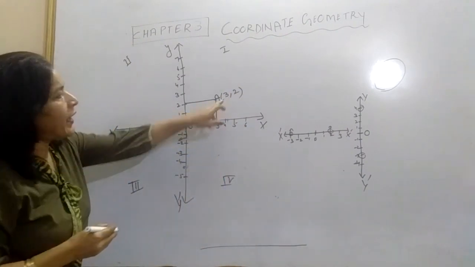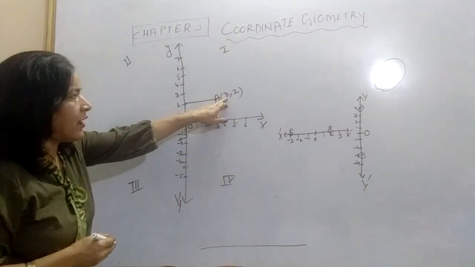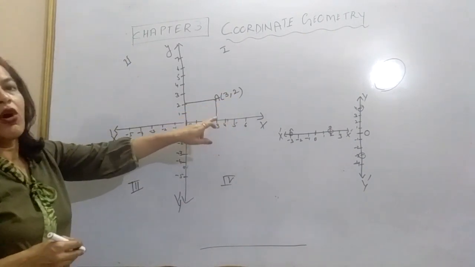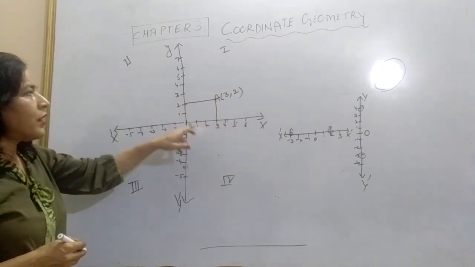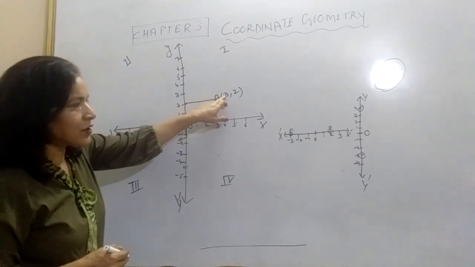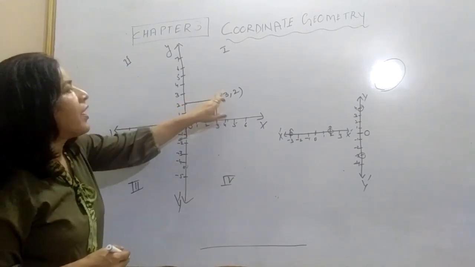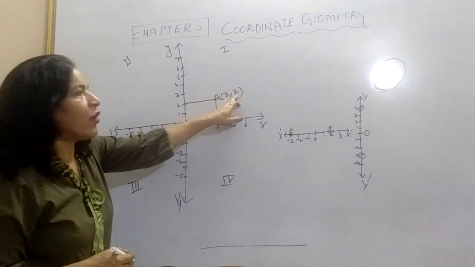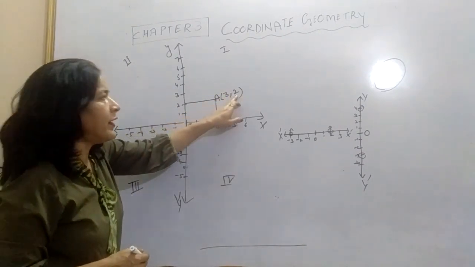So 3 is called the x coordinate or abscissa and 2 is called the y coordinate or ordinate. The perpendicular distance from the y-axis is the x coordinate, and the perpendicular distance from the x-axis is the y coordinate or ordinate.